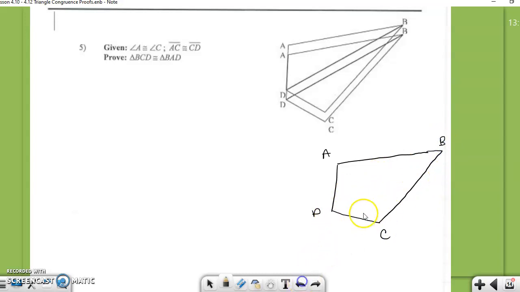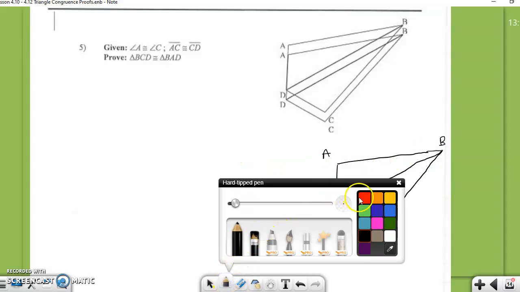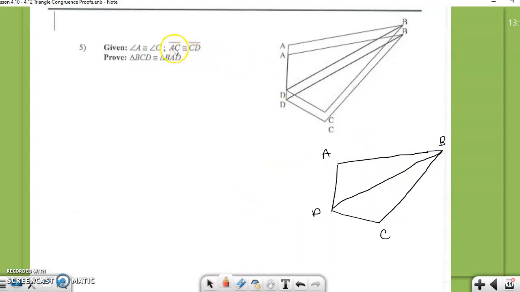That's slightly better. Now, if I look at this one and I go back and I start looking at my given information, angle A is congruent to angle C. Okay, and mark that. AC is congruent to CD.